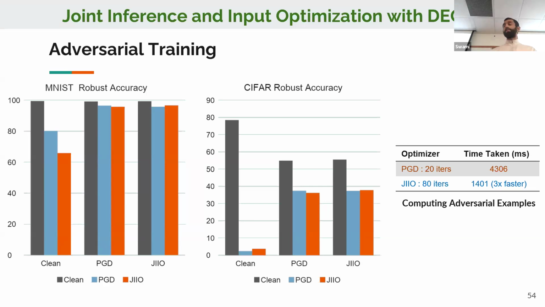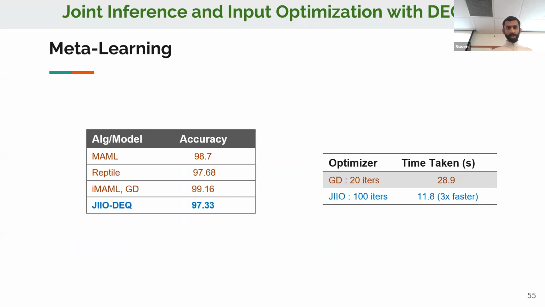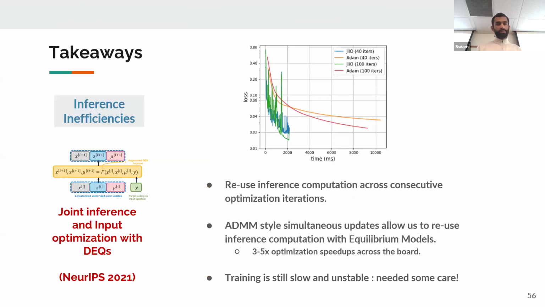Likewise, for meta learning, we get similar accuracies to the baselines on some standard meta learning classification tasks, while again getting about 3x speedups if you use the joint optimizer instead of gradient descent for the meta learning problem. And so that wraps up this line of work.